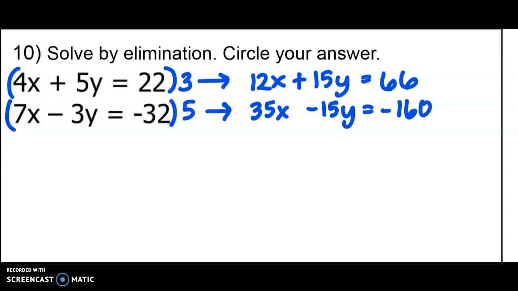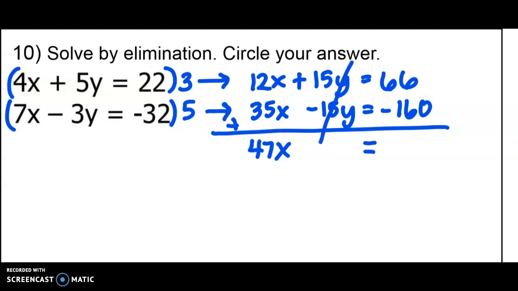Okay, I know I've multiplied by the right number if I have coefficients that are the same number, but one's positive and one's negative, and I do. So now I can add these two equations together. 12 plus 35, that's going to be 47, and they're both x. 15y and negative 15y, well, those are going to cancel out, which is what I wanted them to do. 66 and negative 160, that's going to be negative 94.